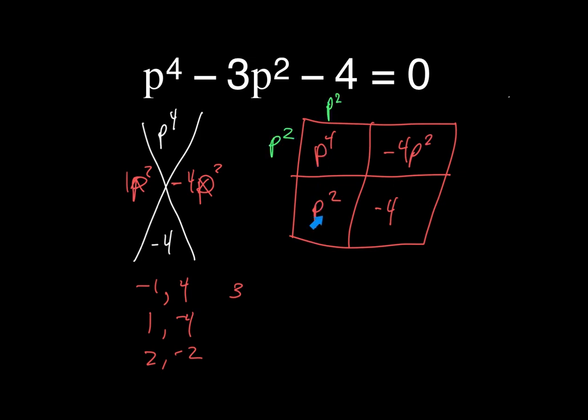And if I look at this column, p squared times what is p squared? p. p squared times p is p cubed. p squared times 1 is p squared. Okay? Here, p squared times what is negative 4p squared?